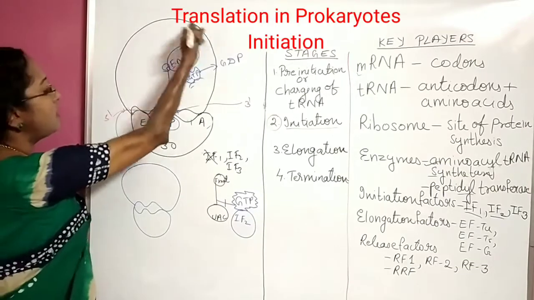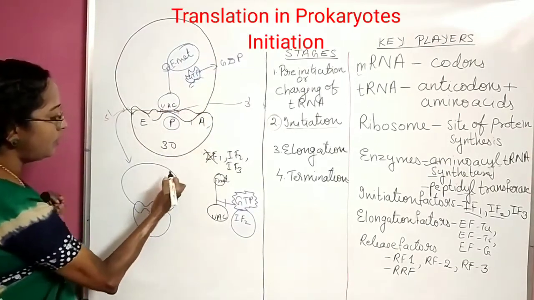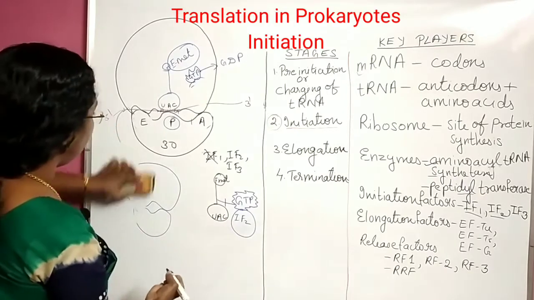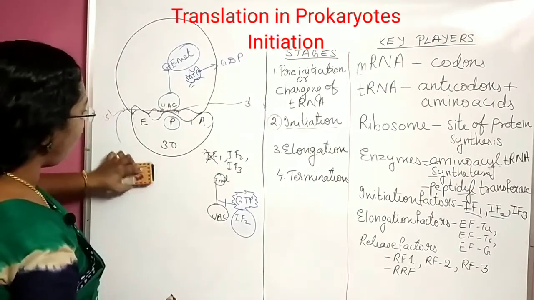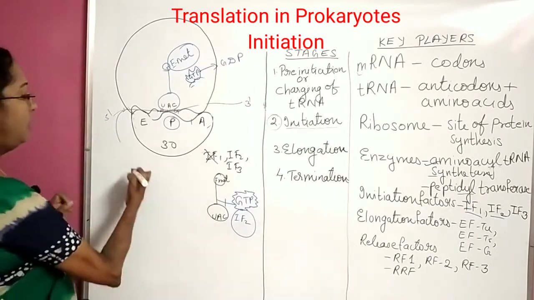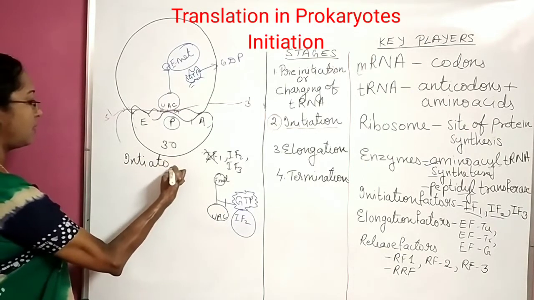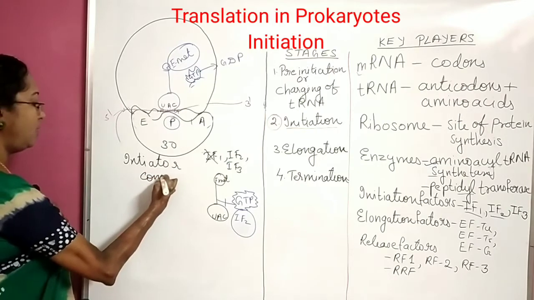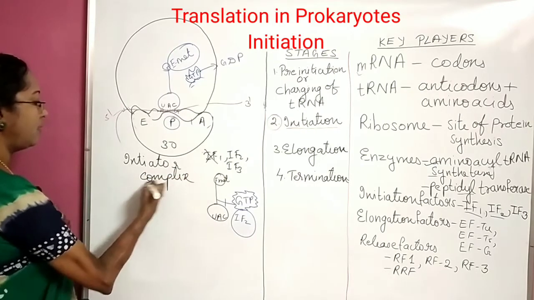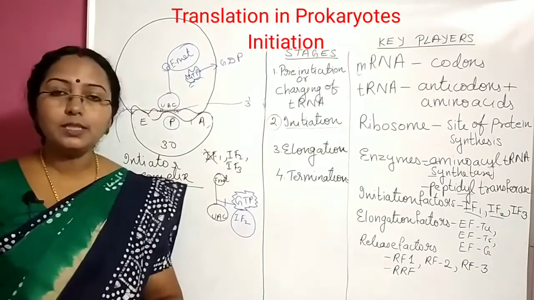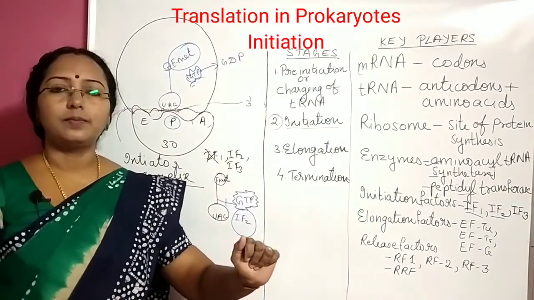Since the large subunit has come over here, we can say that the whole thing, the initiation complex, is now ready. The initiation complex is now ready. So the process of initiation ends here.